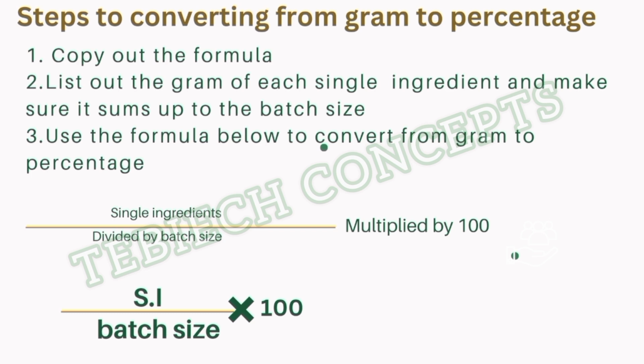Then when you list them out, you attach the original gram that came with it, and make sure you calculate the sum of everything. If it's a 100 gram formula, make sure that when you do your own calculation, everything sums up to 100 grams. The sum needs to correlate to the batch size of the formula.